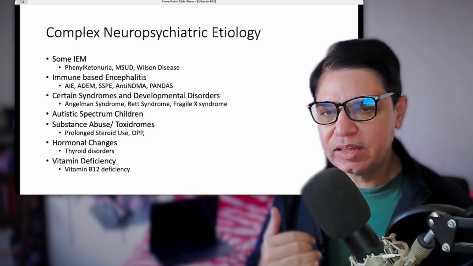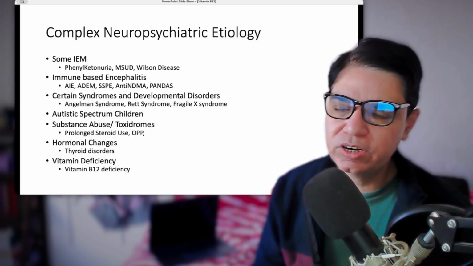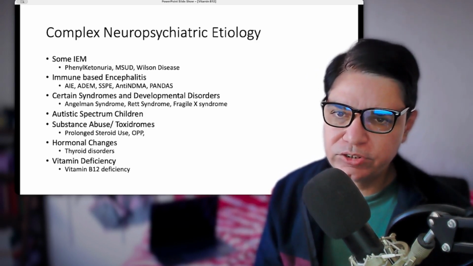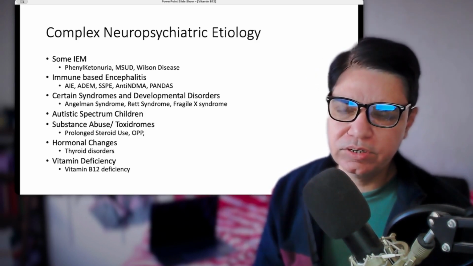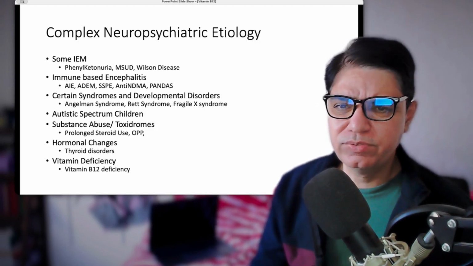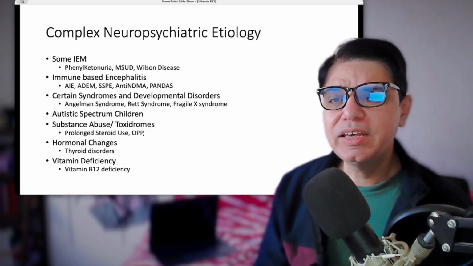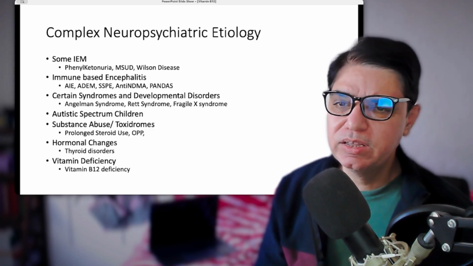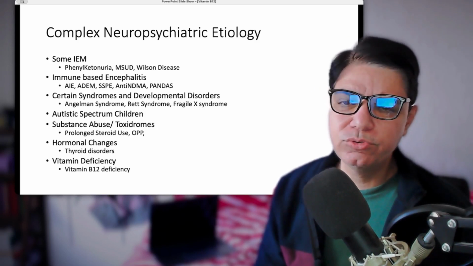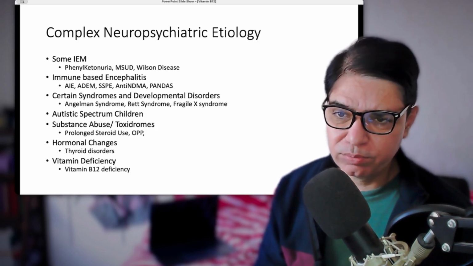It's not the first sign to develop, where we do an eye examination, see Kayser-Fleischer rings, and then screen for Wilson disease. By the time Kayser-Fleischer rings develop, he already has neuropsychiatric illness. So some inborn errors of metabolism, especially phenylketonuria, MSUD, and Wilson disease, can present with neuropsychiatric problems.